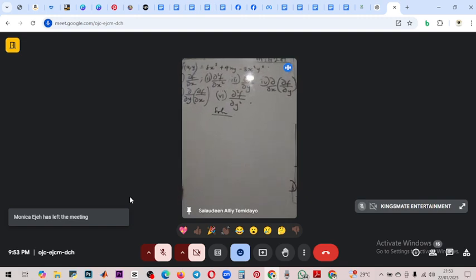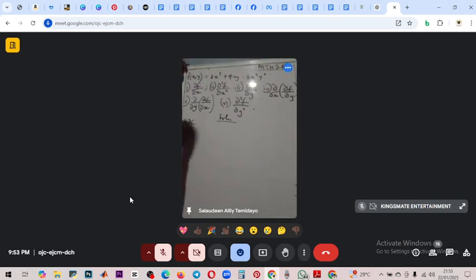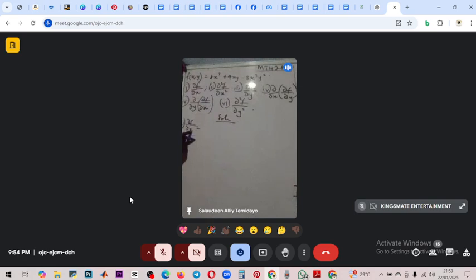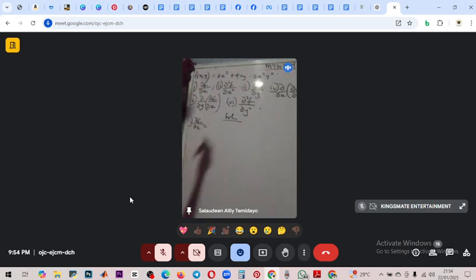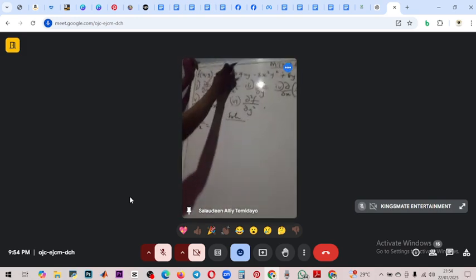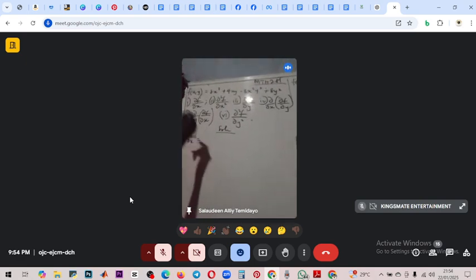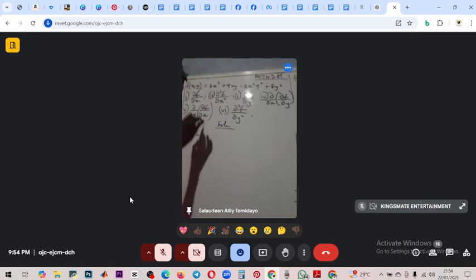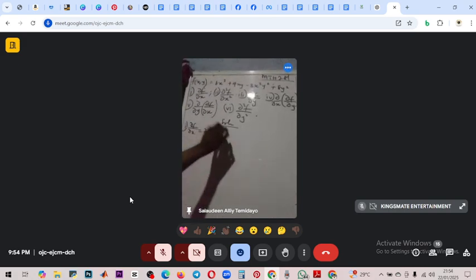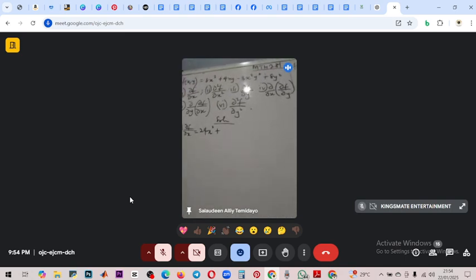So this is what we have as our f of x comma y. And the first problem will be tackled this way. The df dx is going to be the derivative of this thing with respect to x, treating y as a constant. So 8x cubed with respect to x is 8 times 3, that's 24x squared, plus 4xy with respect to x.